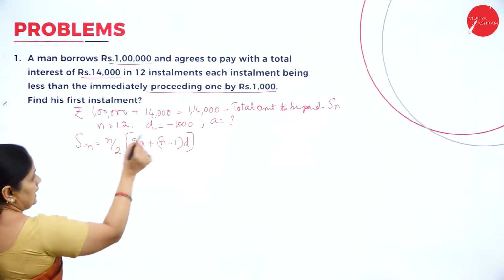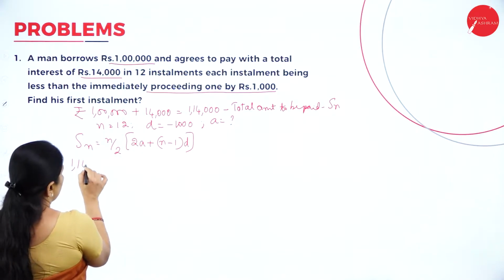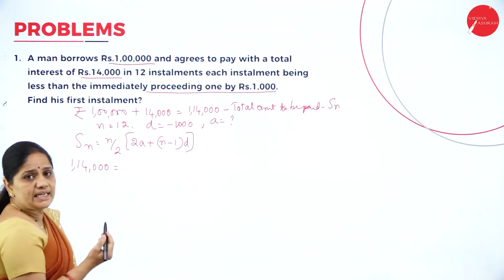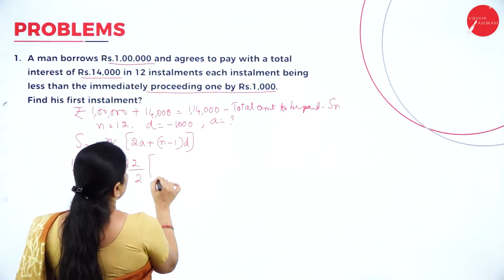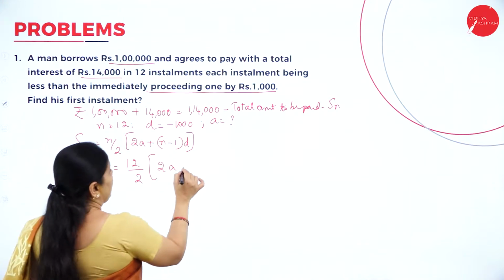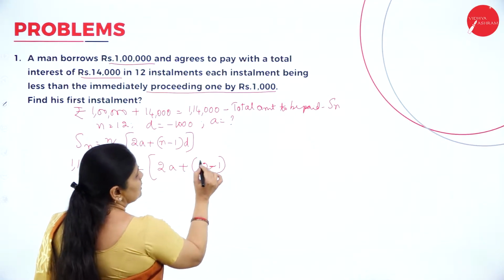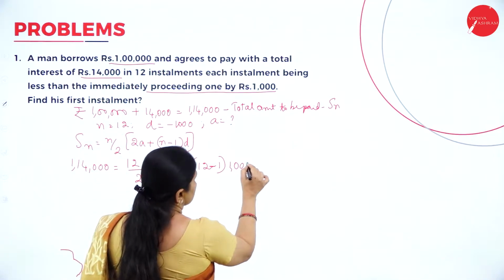So, instead of writing Sn, I will write 1,14,000 equals n, n is 12. So, 12 by 2 into 2 into A, I don't know what is A, plus 12 minus 1 into d. d is 1,000.